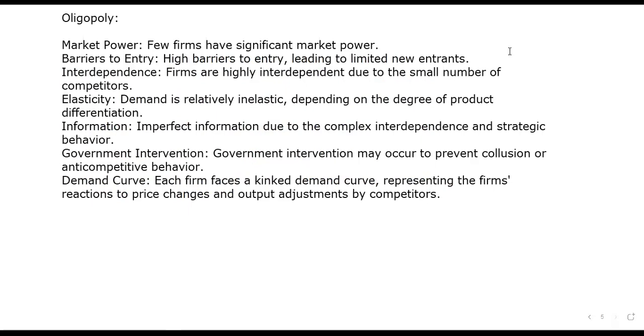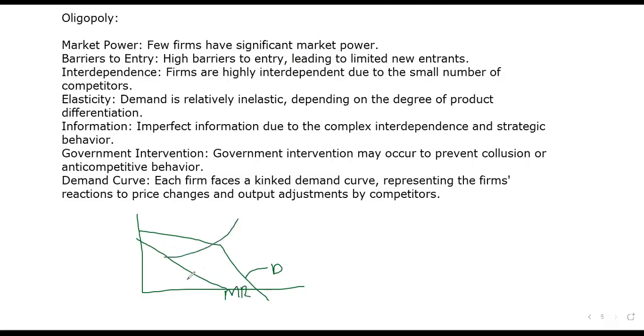Demand is relatively inelastic and also elastic at some point because there's a kinked demand curve, which looks like this. So this is our demand. This is our marginal revenue. And this is our marginal revenue gap.